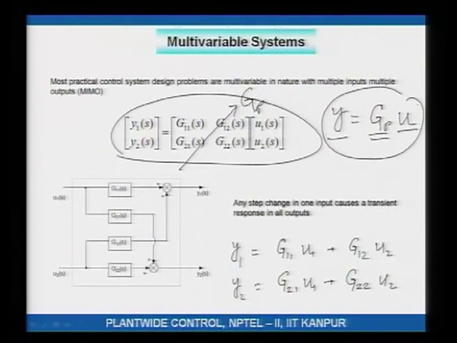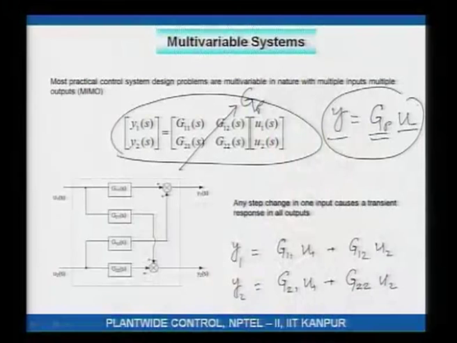It could be 3 by 3, 4 by 3, it need not necessarily be square, it could be non-square, and so on. The most general representation would be in this matrix form. So, we have just looked at the matrix description of a multivariable process, simplest of them being a 2 by 2 system, 2 inputs, 2 outputs.